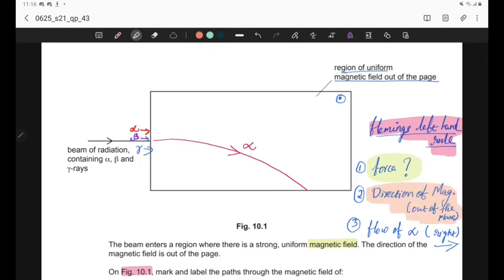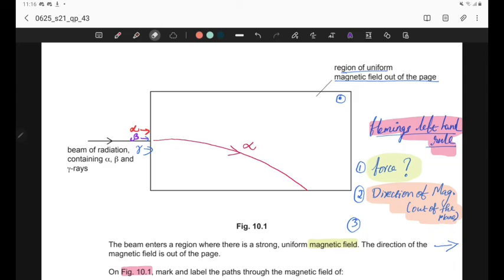So you should point your index finger out of the paper, towards your face. But in the case of the beta particle, it is just the opposite of the alpha particle, as we should consider the beta particle's sign to be negative, which is just opposite of the alpha particle.